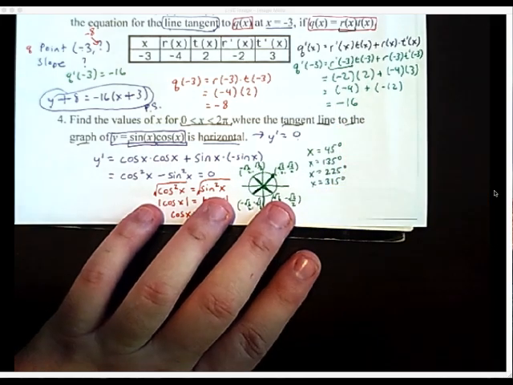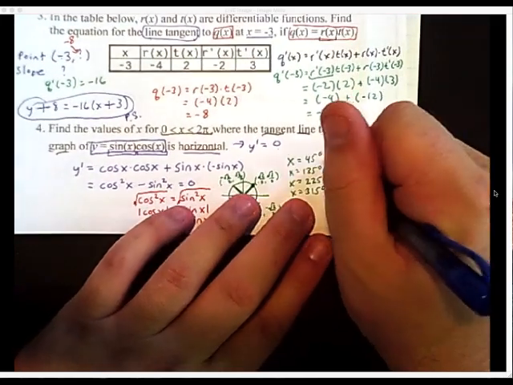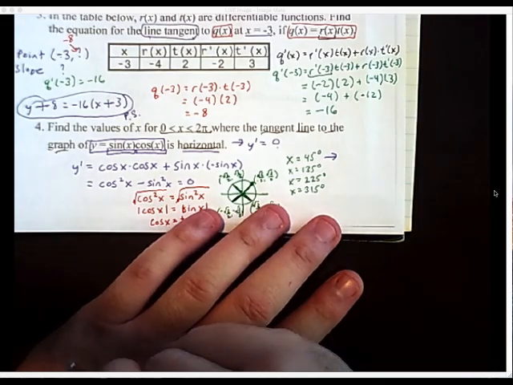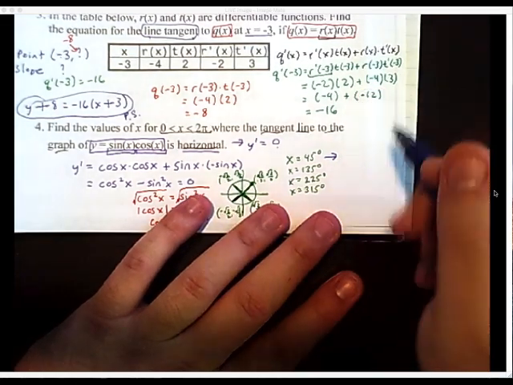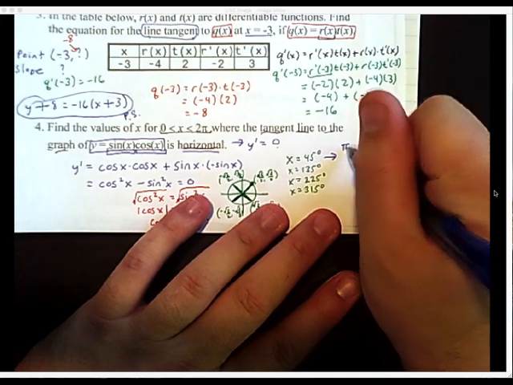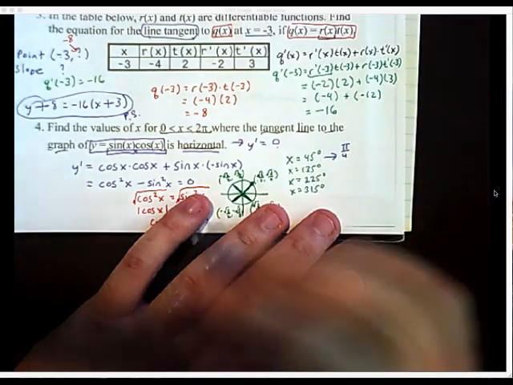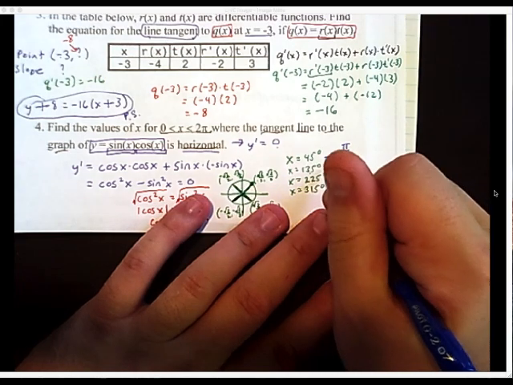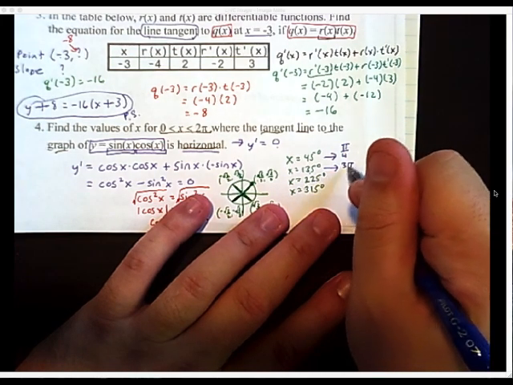But wait a second, this is calculus. We're not allowed to use degrees, so we have to know what these are in radians. Well, remember, pi is like 180. How do I get to 45? I take 180 and divide it by 4. This number is 3 times greater than that, so that answer is 3 pi over 4.